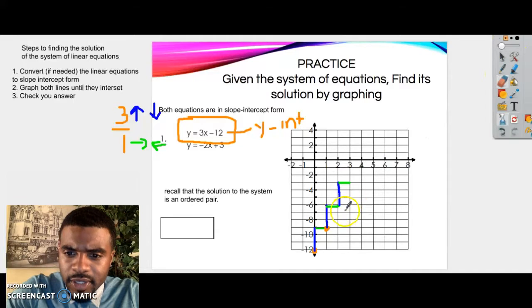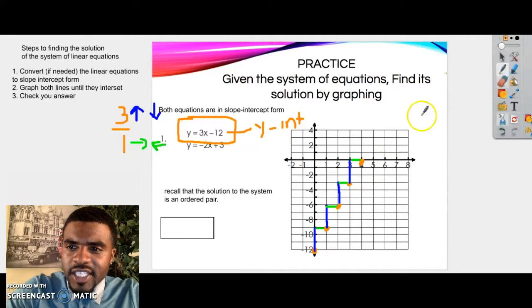Make sure I put my point there. Let's go 1, 2, 3, and let's also put a point right here. I think that should be good enough. You can continue if you need to.